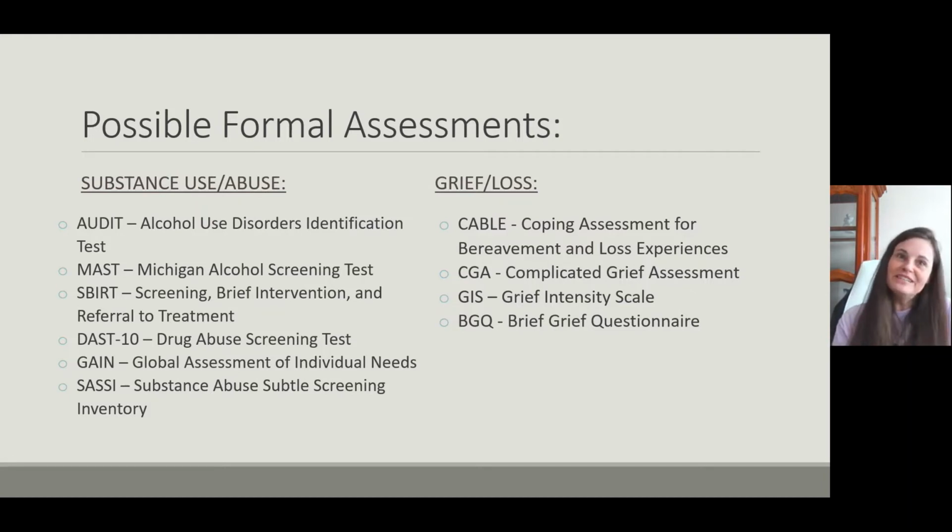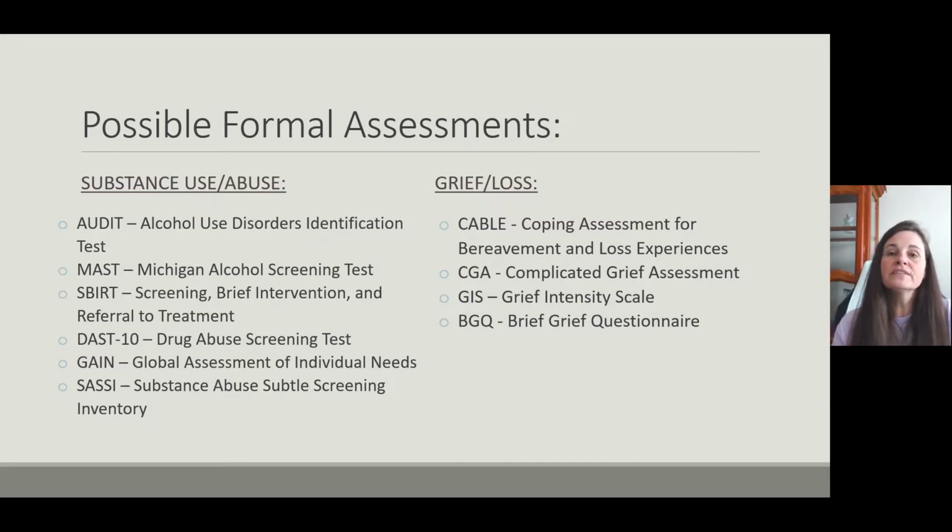So you could screen for it, which is that higher level, just to say let's talk about it and find out, do we need to explore more deeply? A screening would be very appropriate in that aspect. And then if you realize with the screening tool that yes, there's definitely some abuse happening, let's assess a little more deeply.